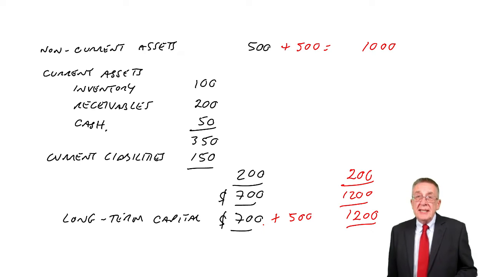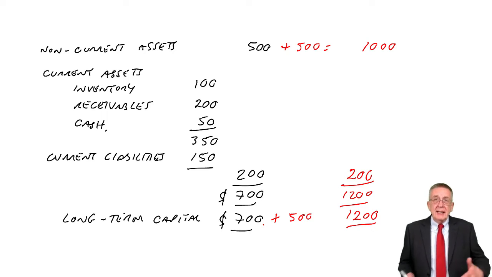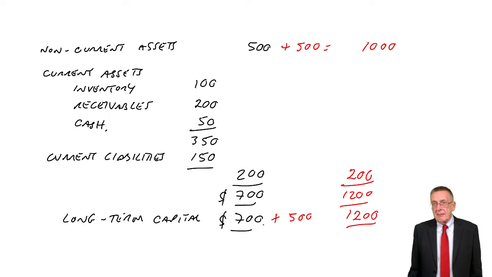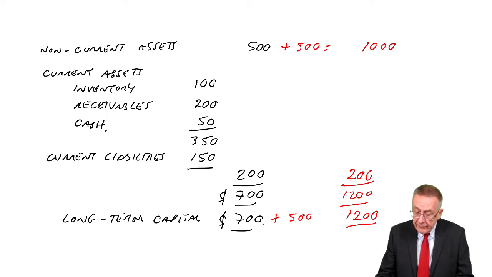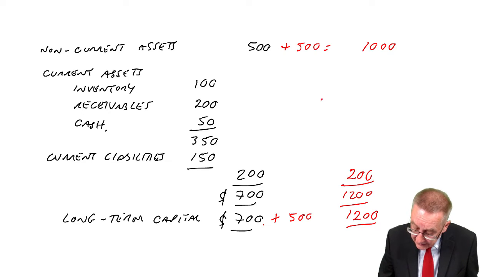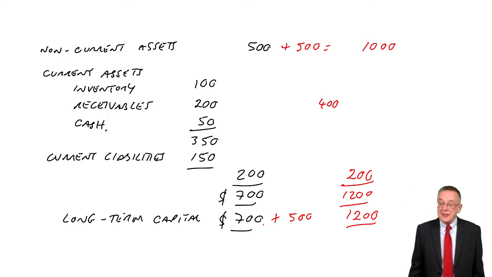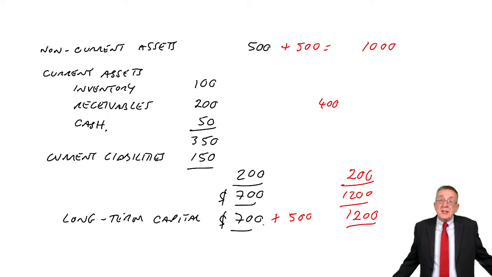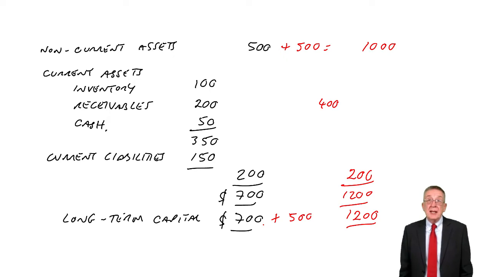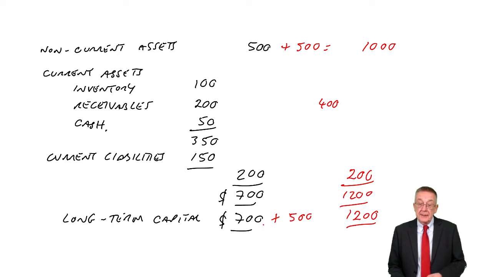If the company's doubled in size, hopefully we'll be selling twice as much. And if we're selling twice as much, receivables will be twice as high. Now, of course, I'm not saying we'll sell exactly twice as much and everything. It's an illustration. But surely, if we are twice as big, you will expect sales to be a lot higher, and automatically, therefore, your receivables will be higher.